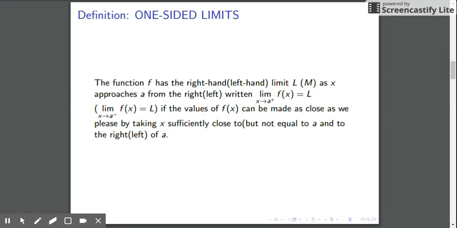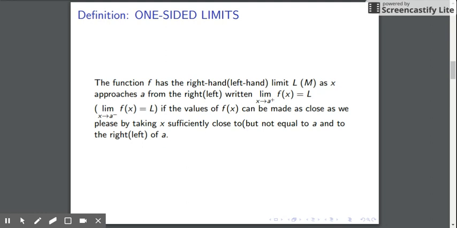We show it with that positive sign on top of a. This one means as we increase values of x to get closer and closer to a, are we predicting a value for y?